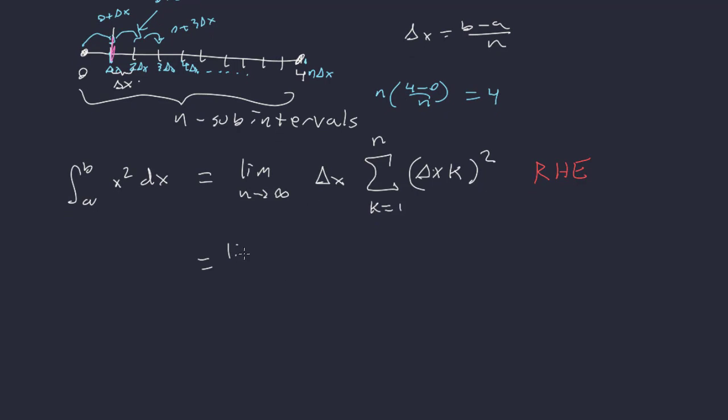And so I'm going to move this out because this delta x doesn't change. The k value doesn't change the delta x, so we can bring that out, delta x squared, and get a delta x cubed out here. And now we have the sum as k goes from 1 to n of k squared.